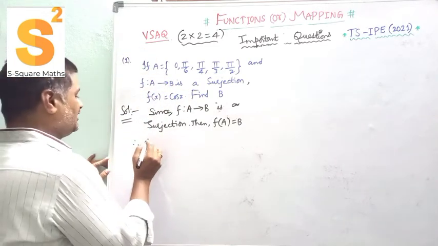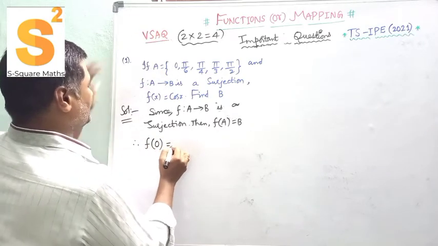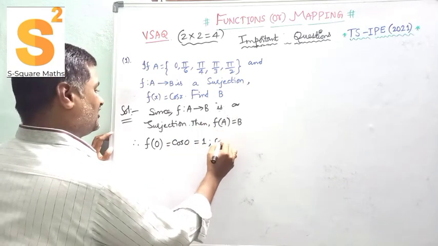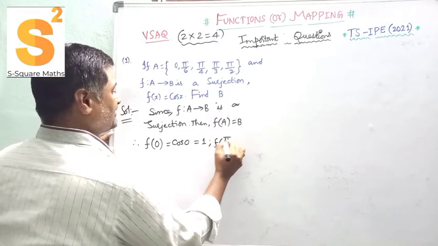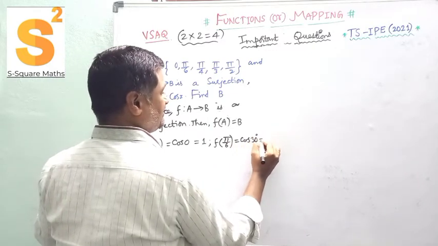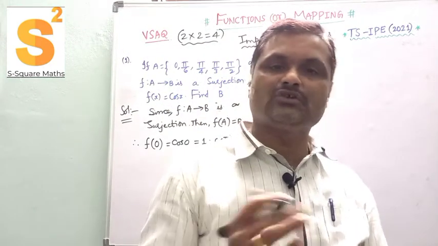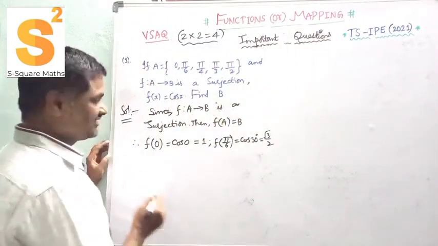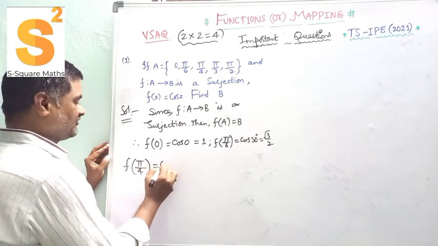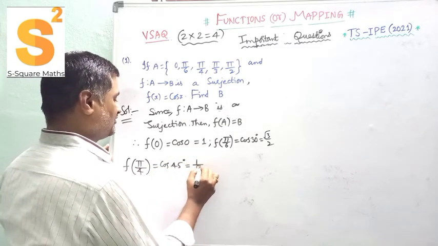Therefore, the first value is in radians. So f of 0 is cos 0, which is 1. Next, f of pi by 6, pi by 6 is 30 degrees, so cos 30 degrees is root 3 by 2. You should be able to know the trigonometric table values from 0 to 90 degrees, since they are given in radians. Also f of pi by 4: cos pi by 4, pi by 4 stands for 45 degrees, which is 1 by root 2.